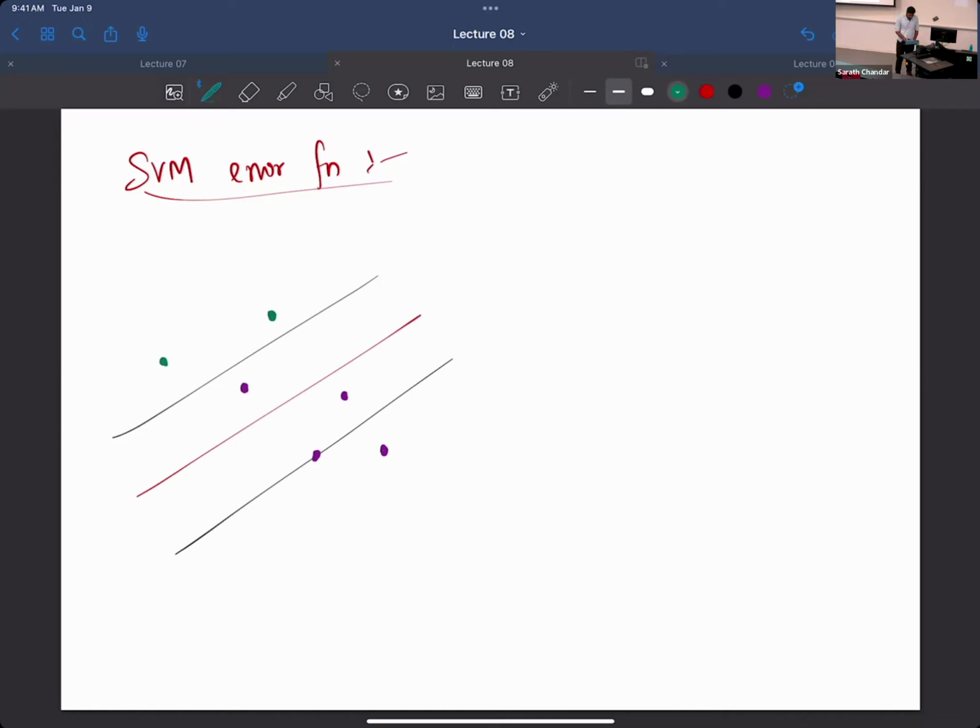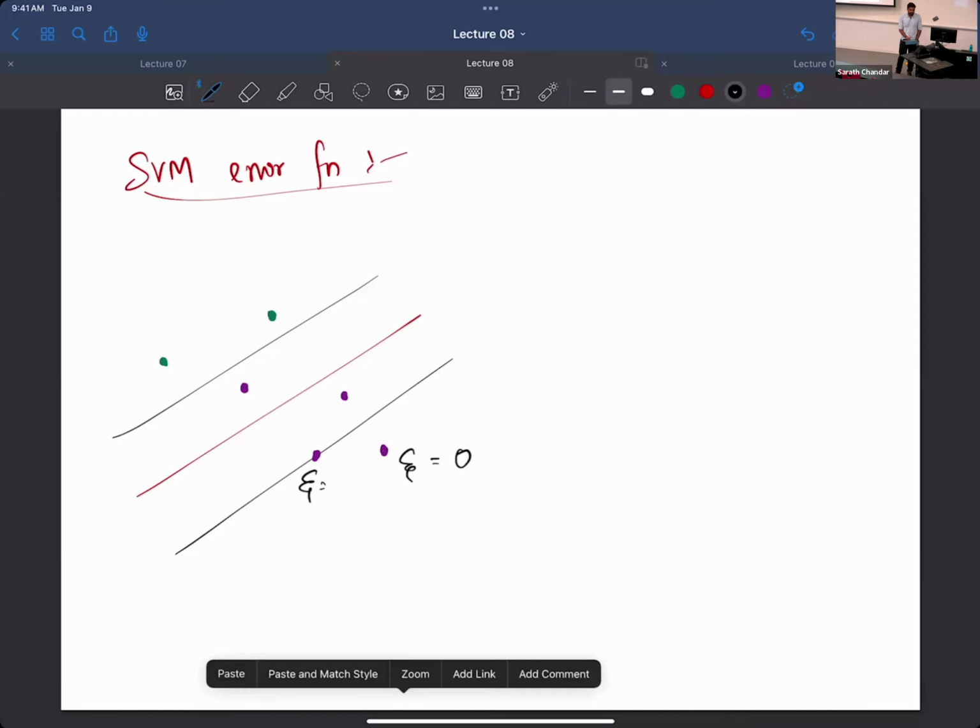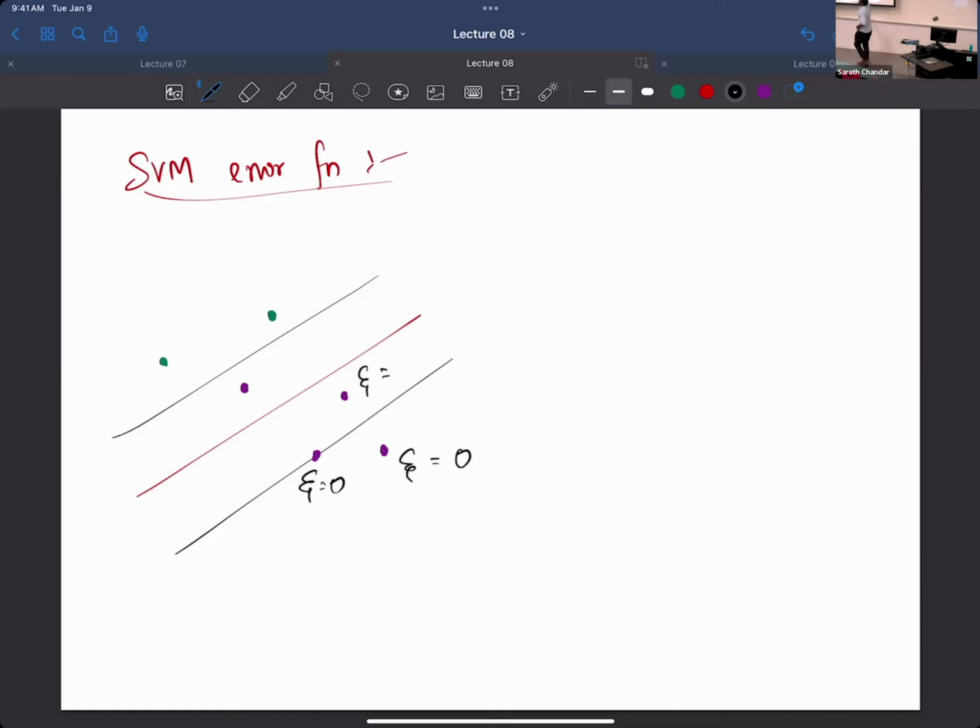Now, for any data point that is lying inside this margin, what would be the slack value? What would be the epsilon for this data point? 0. For this data point it is also 0, right? Now, what about this data point? What can you say about the slack value for this data point? It's between 0 and 1, right?